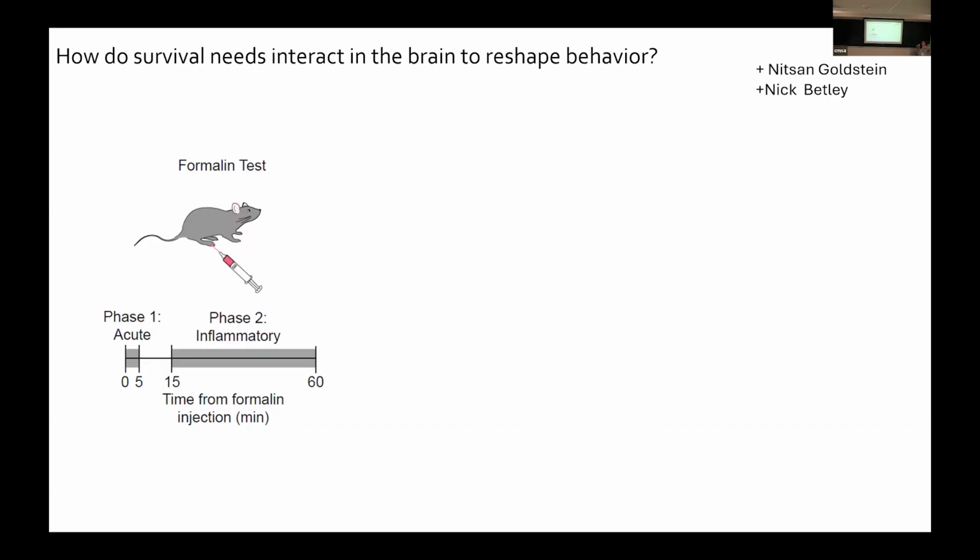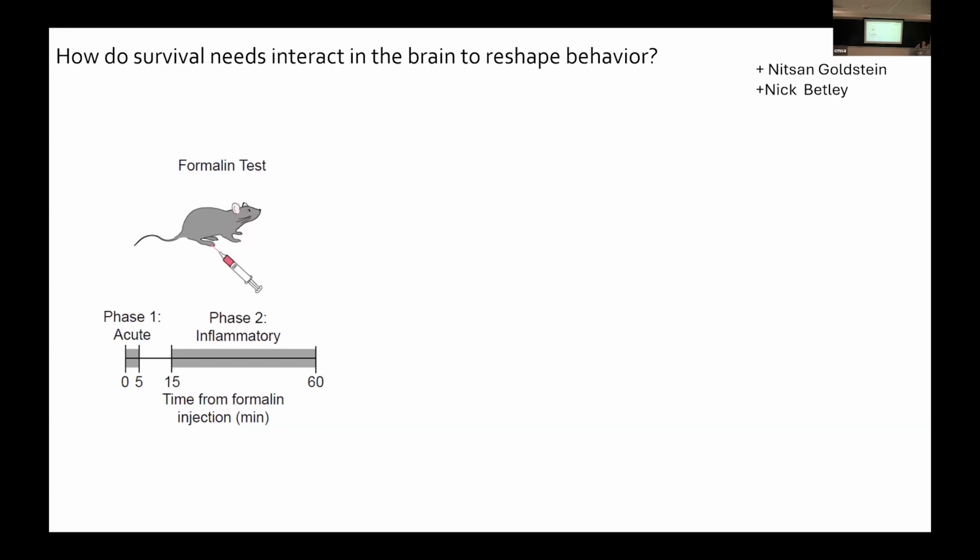So you take a mouse, you give it this formalin injection into the hind paw. I feel really bad describing this to a mathematics audience. The neuroscientists are like, yeah, sure, okay, but pain research. There's an acute pain response to the needle prick itself, and animals will lick their paw and respond to this sensory stimulus, and then they'll stop and go back to baseline.